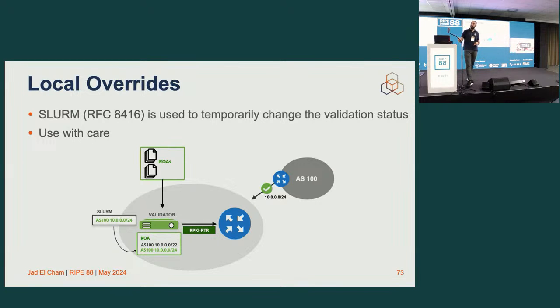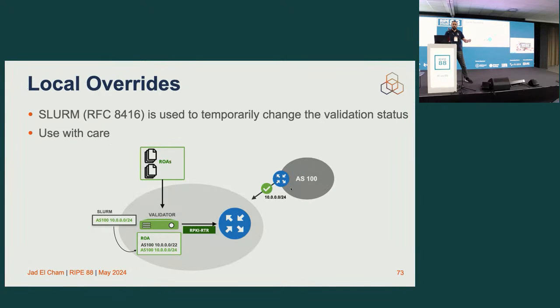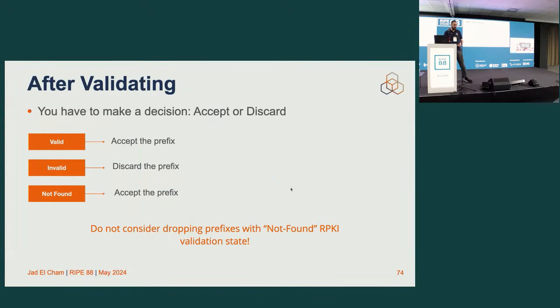That could be on a temporary basis until the customer gets their act together, creates their own ROA, publishes it, and I get it. The recommendation is to use it with care because you're introducing temporary exceptions, and if you don't revert them, they become permanent.